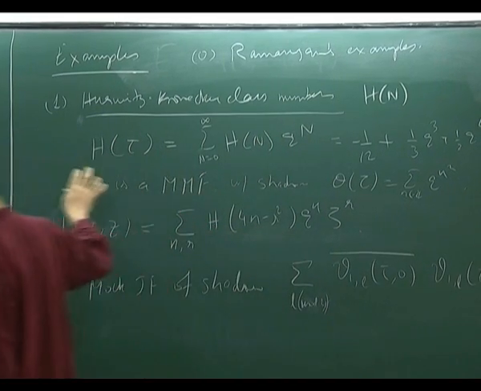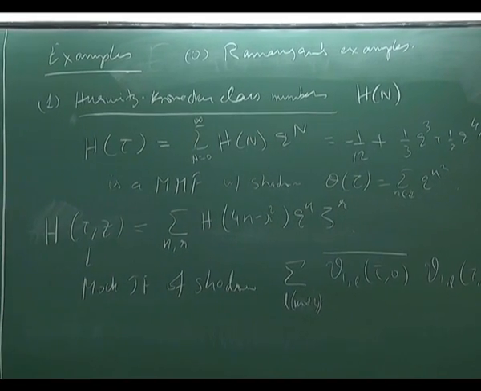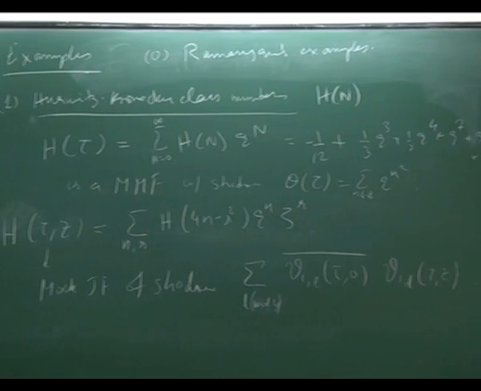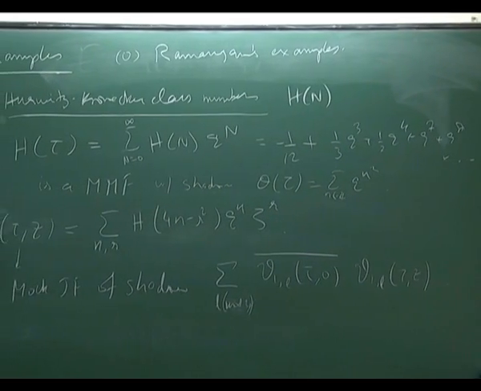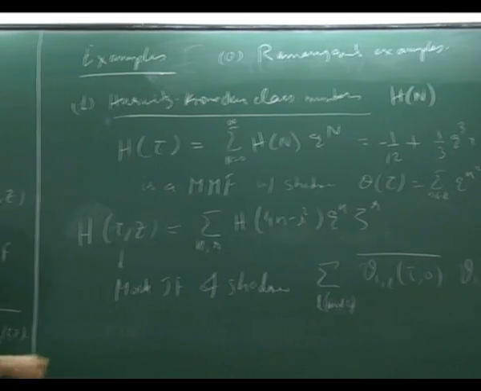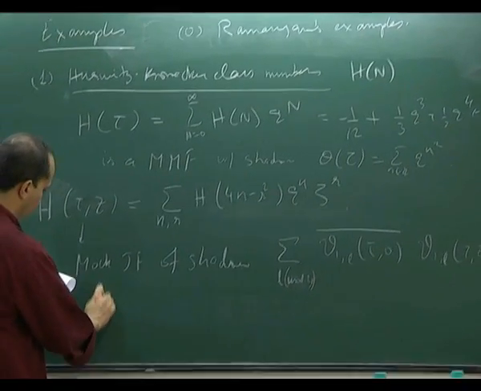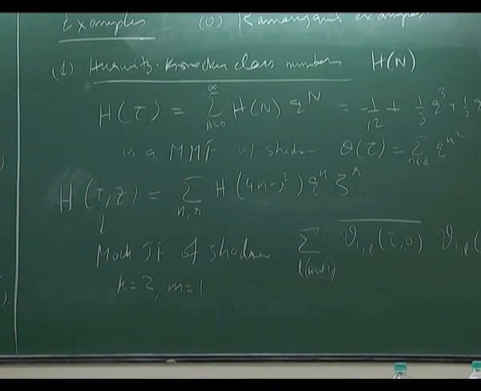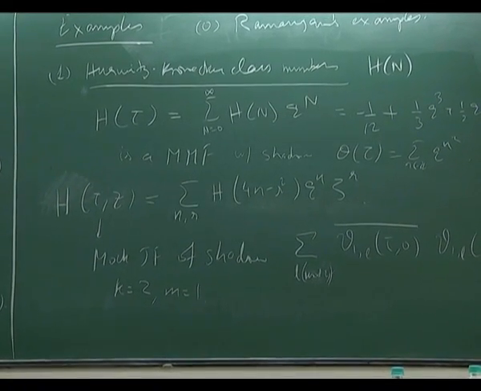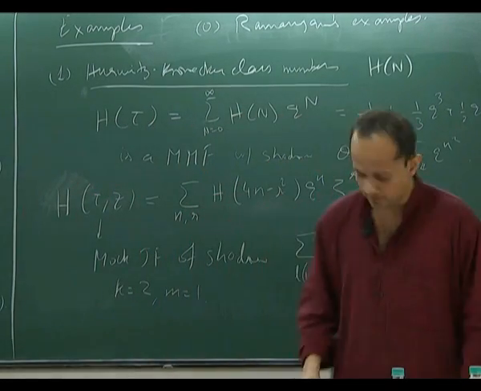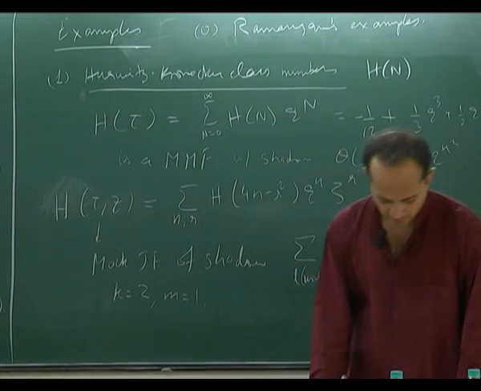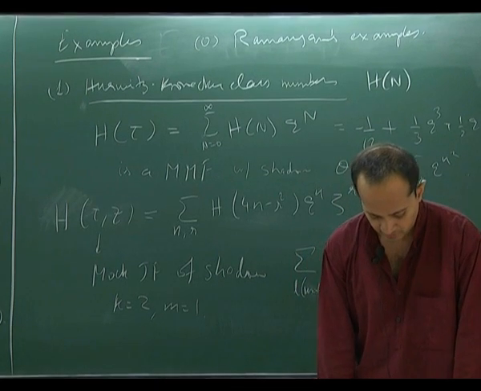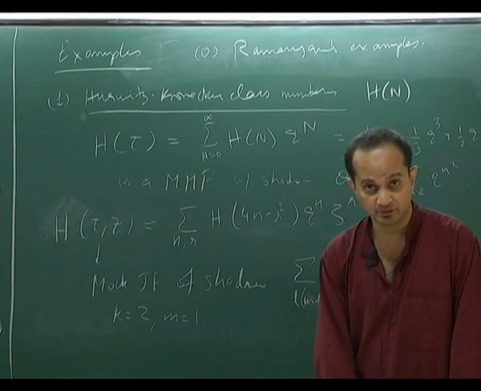Except that actually this mock modular form is not a mock modular form of the full SL2Z group, but on some congruence subgroup. So this one is on SL2Z: it's a mock Jacobi form of weight 2 and index 1. And the place where physicists may have seen it is that this function is what we call the Vafa-Witten partition function.